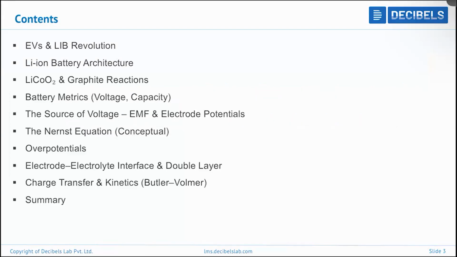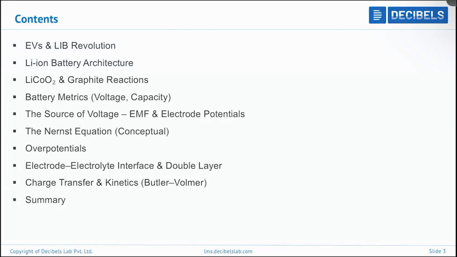So in this 1 hour of this bootcamp, I'll briefly introduce the relevance to EVs and lithium-ion batteries. Then I'll discuss the lithium battery working mechanism by taking lithium cobalt oxide as an example.